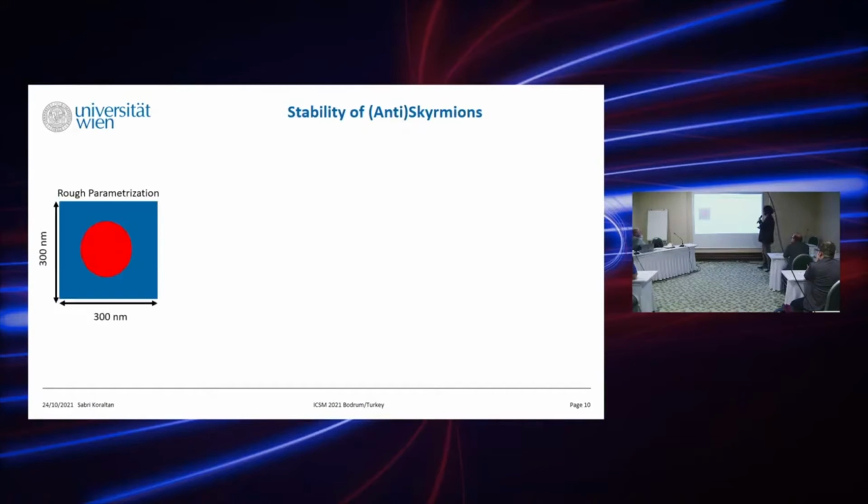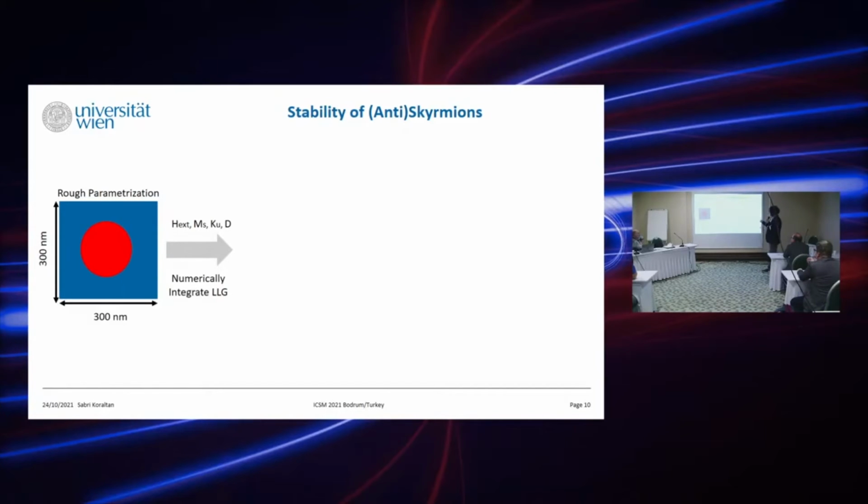Okay, and what we do here is start from a rough parametrization. We start with a box, 300 by 300 square nanometers, and then we have a circle to which we can give some sort of chirality to resemble a skyrmion or an anti-skyrmion. Then we numerically solve the Landau-Lifshitz-Gilbert equation, and we include in the effective field term contributions from the demagnetization field, the uniaxial anisotropy field, the exchange field, the Dzyaloshinskii-Moriya interaction, and of course the Zeeman field.